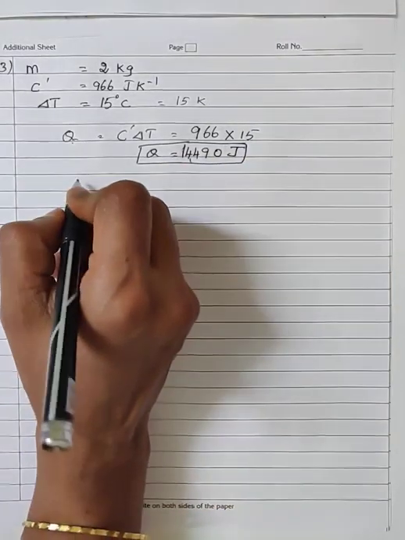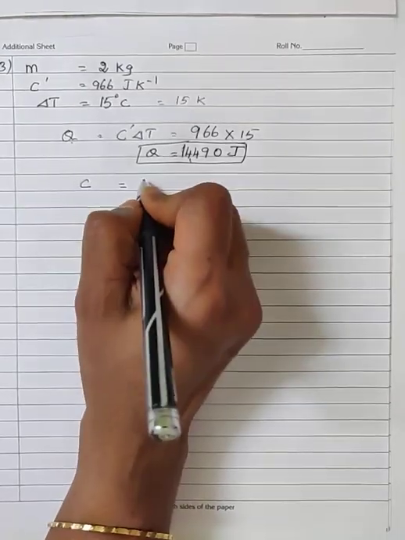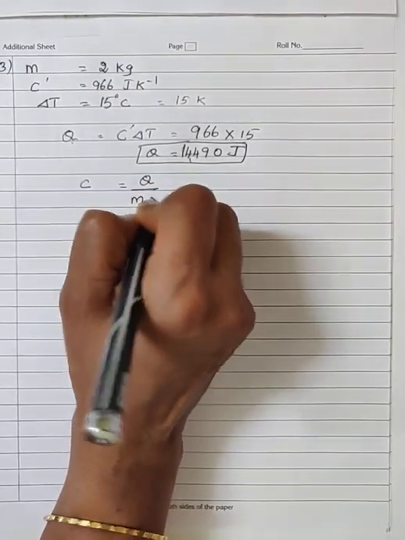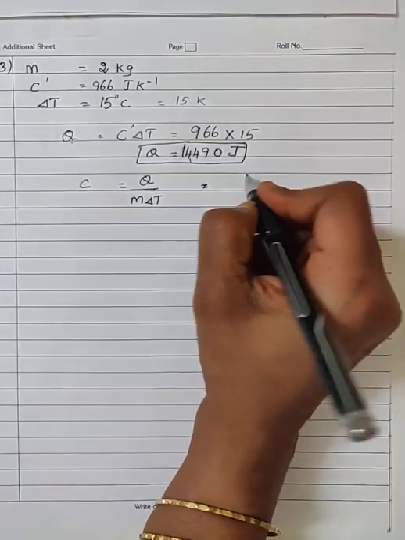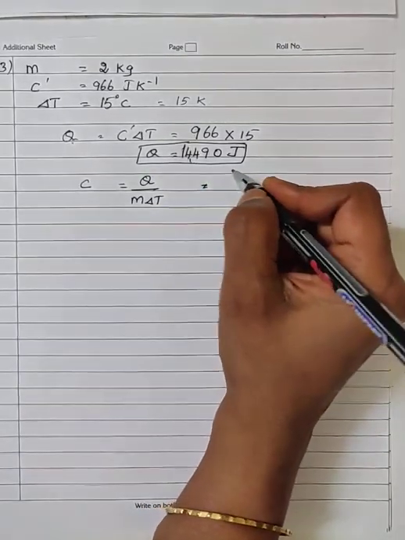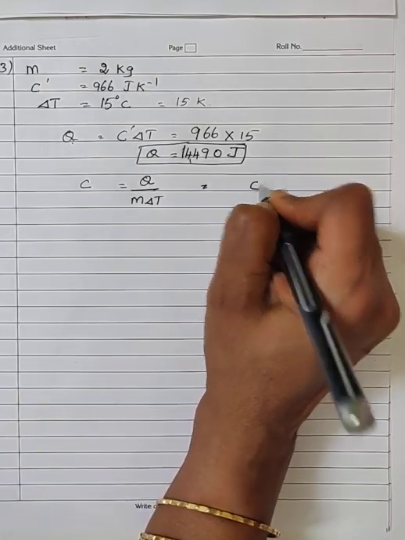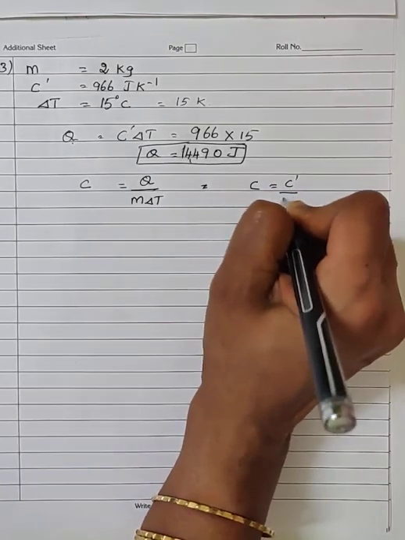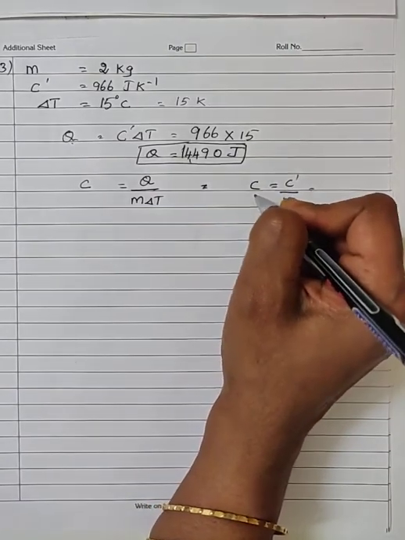Next one, specific heat capacity. Specific heat capacity C is equal to, two things we can use. One is Q by M delta T, or you can also make use of the relation connecting specific heat capacity and the heat capacity. The relation connecting heat capacity and specific heat capacity is C is equal to C dash by M. This expression also you can use for calculating specific heat capacity.